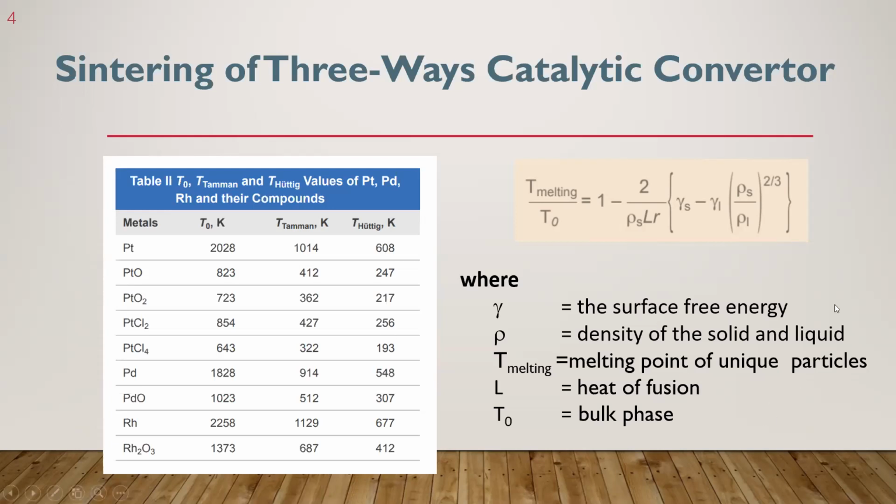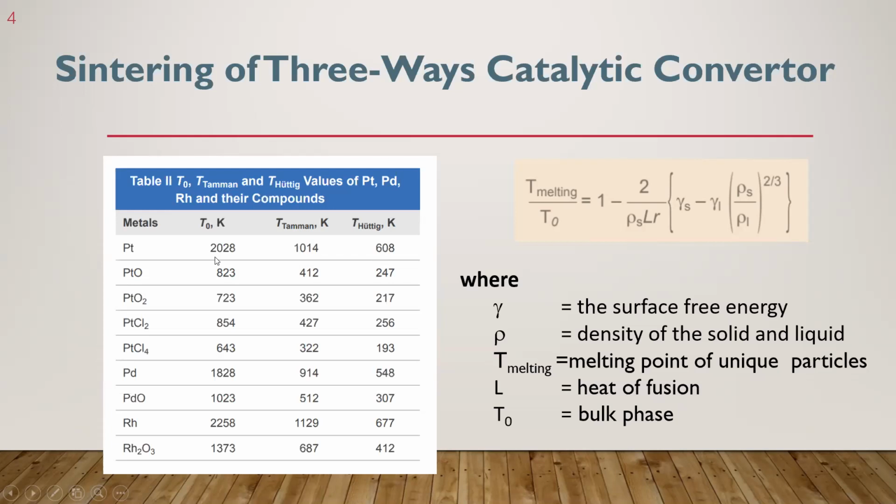The ratio of the melting point of the unique particle and the bulk phase, T0 right here, can be given by an equation where gamma is the surface free energy, rho is the density of the solid and liquid, T melting is the melting point of the unique particles, L is the heat of fusion, and T0 is the bulk phase temperature.